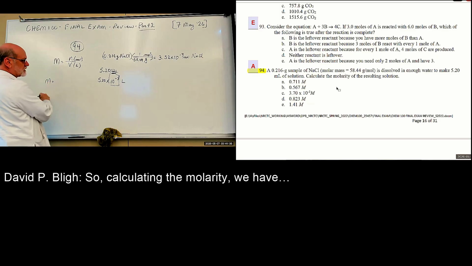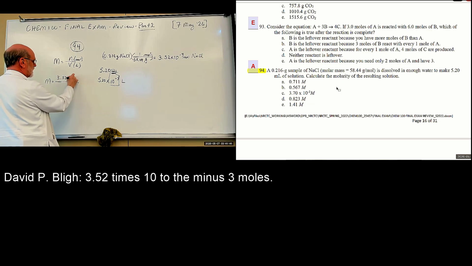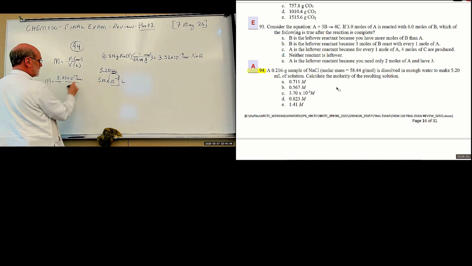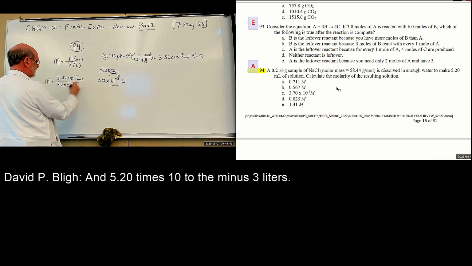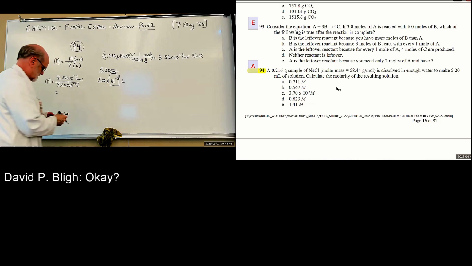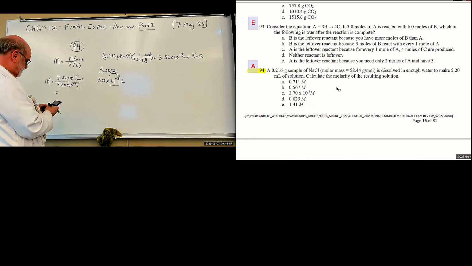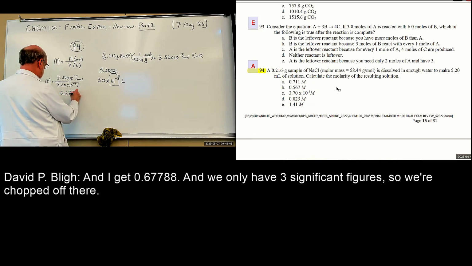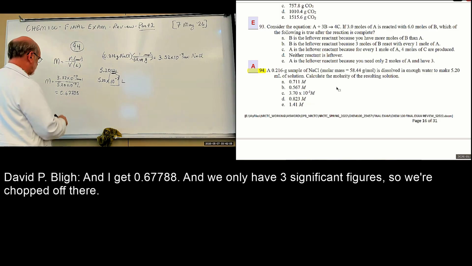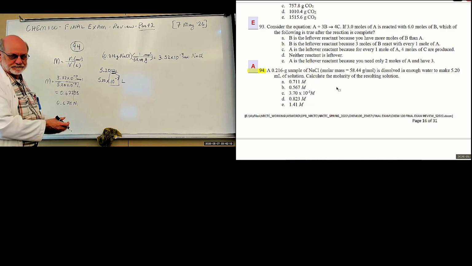So calculating the molarity, we have 3.52 times 10 to the minus 3 moles and 5.20 times 10 to the minus 3 liters. Okay. And I get 0.67788. And we only have 3 significant figures, so we chop it off there. 0.678 molar.